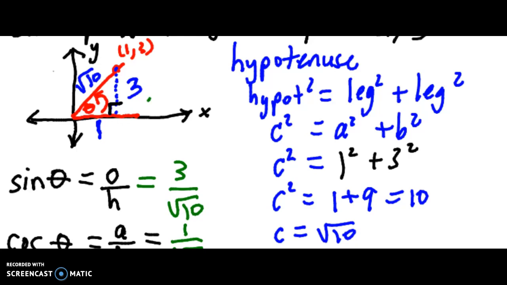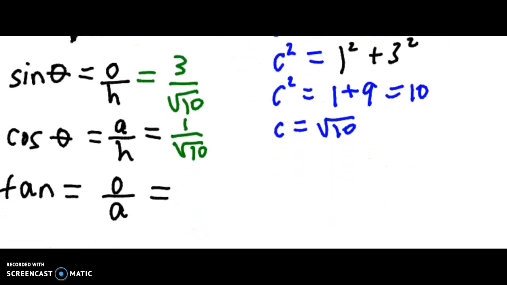And here's theta, opposite is 3, adjacent is 1. So the tangent of angle theta would be 3 divided by 1, which is just 3.